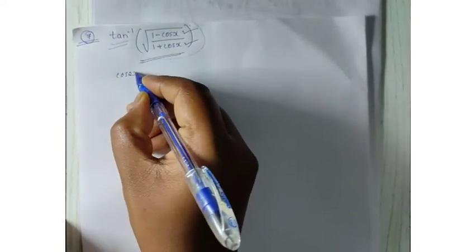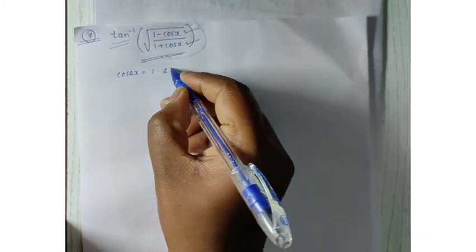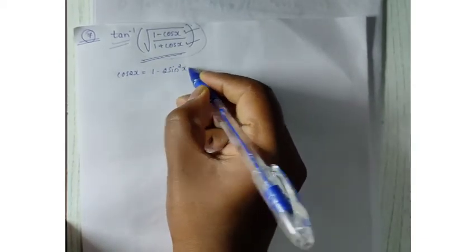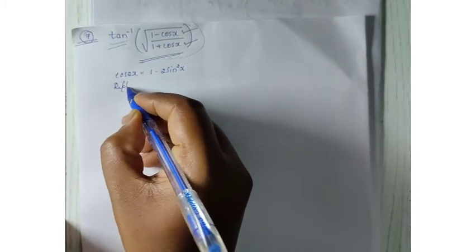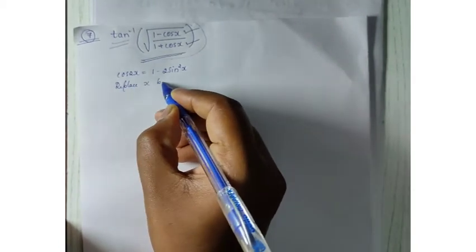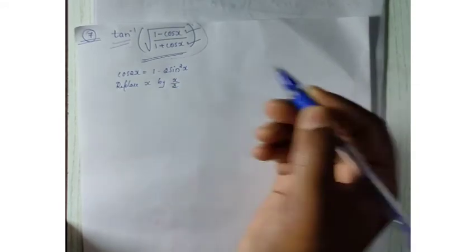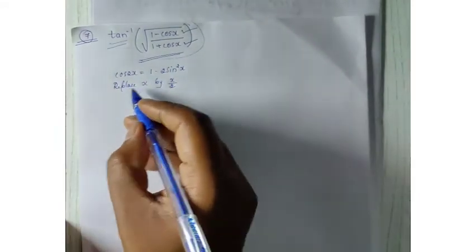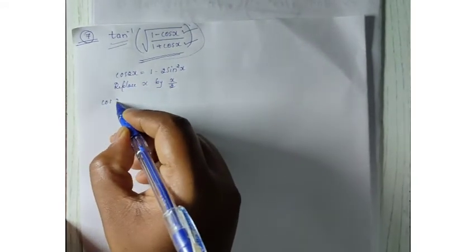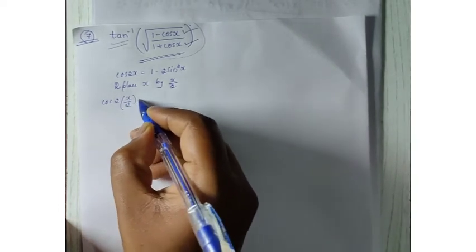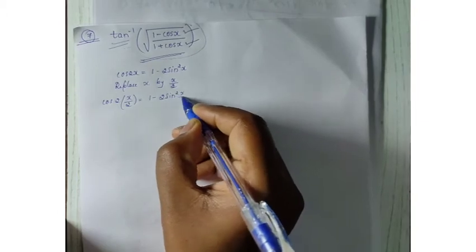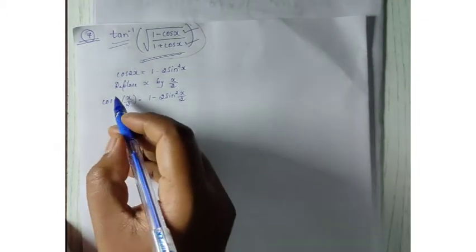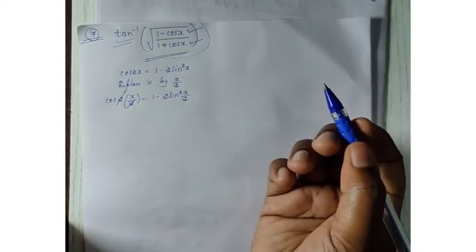Cos 2x is 1 minus 2 sine square x. Now replace x by x by 2. So this gives you cos 2 into x by 2 is equal to 1 minus 2 sine square x by 2, and here 2 and 2 get cancelled.